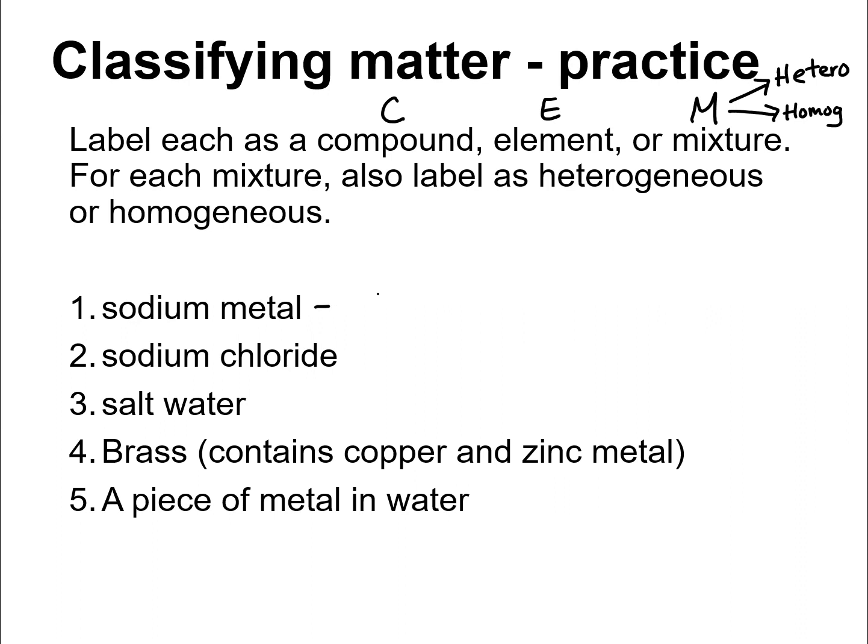So sodium metal is actually an element. You'll have a periodic table for chapter 3 forward, and you'll get to know the elements. Sodium symbol is Na, and sodium just happens to be a metal. Okay. So anything that's on the periodic table is an element.